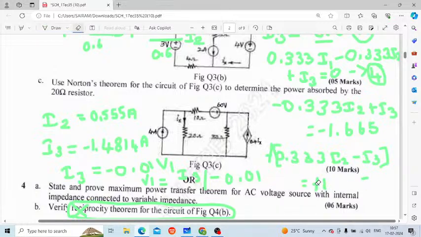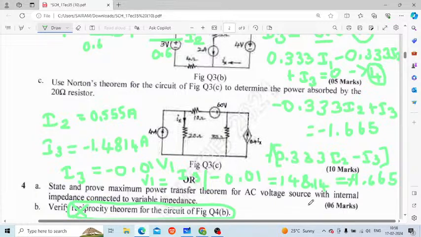Just a minute. The minus 1 here will get cancelled, no? Minus 1.4814, and here you had a minus, which I am cancelling out. Fine, I am cancelling this minus, okay? So you get 148.14.